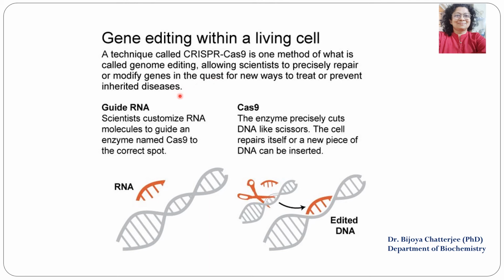Now, this editing system is not only there to prevent or treat diseases, but it can also be used in plants and betterment of the crops. So now you know that in the natural system, there is tracrRNA and crRNA, but in the engineered Cas9 system, there is only one guide RNA and the Cas9 enzyme.